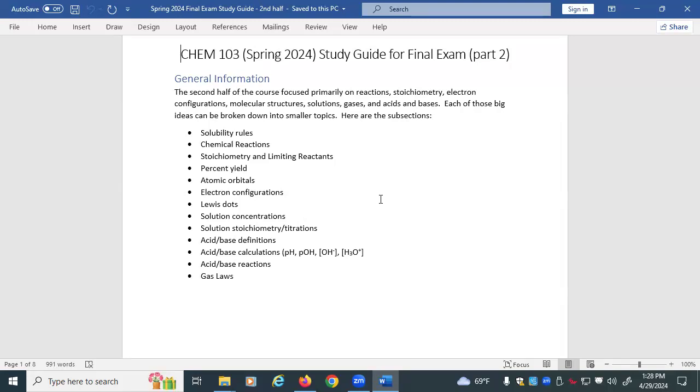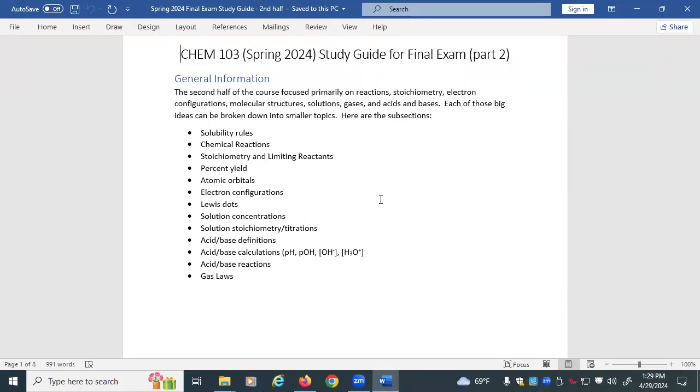But aside from that, most of the stuff that you see on this list is stuff that we've been doing over the past month and a half or so. We're talking about stoichiometry. We're talking about limiting reactants. We're talking about the Lewis dots and drawing structures. We're talking about solution stuff, gas stuff, acid-base stuff, and a lot of calculations.